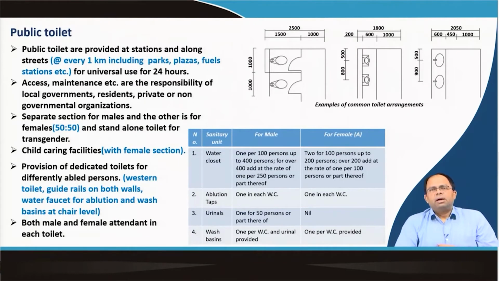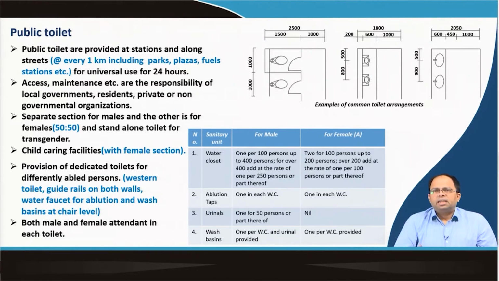Now that we have discussed on-site sanitation facilities as well as decentralized sanitation systems, we also have to talk about public toilets and community toilets, which could be called part of the on-site treatment process, or it does not matter, because in urban areas we also need to provide public toilets at certain intervals, so that people who are traveling or along the streets can use these facilities.